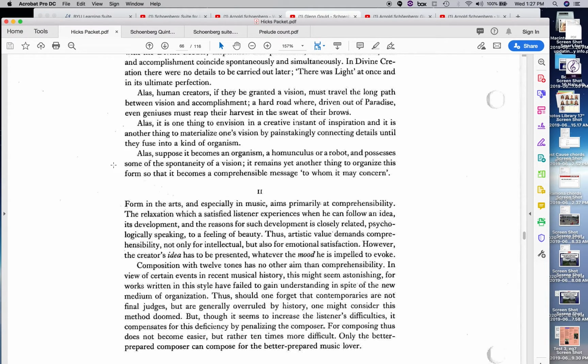And certainly, if we look at the great model for musical structure that was ascendant at this time, Beethoven's large instrumental works, those are governed by this organic model.